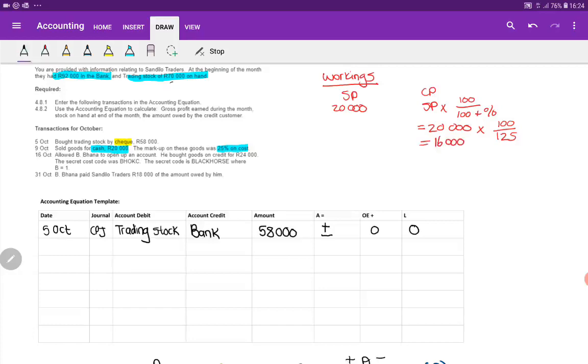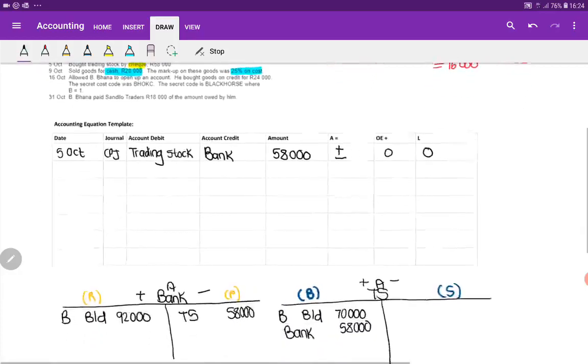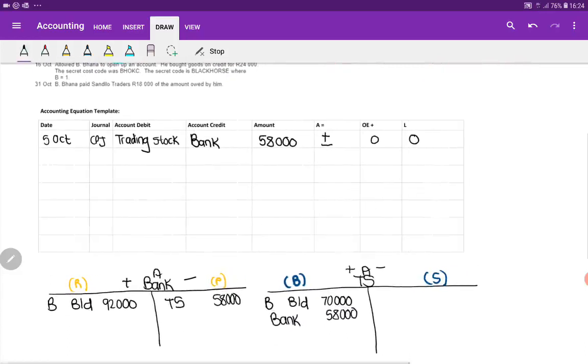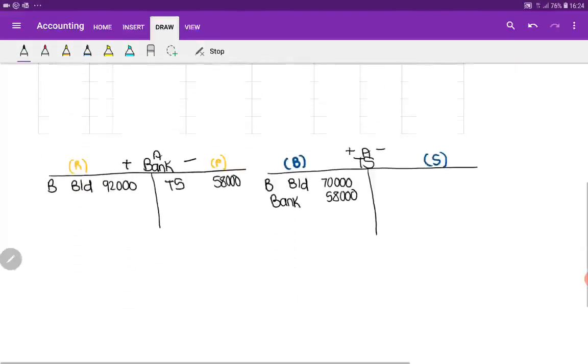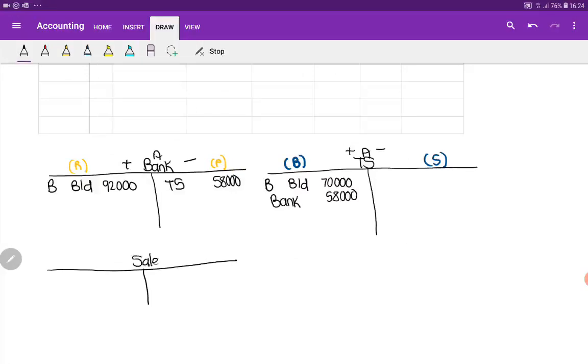This was a cash transaction, which means that money was received. The selling price, the amount that we've received, will always go into our bank account. So if I'm doing my T accounts to show the selling price, it means that we need to show that we've received money from sales.